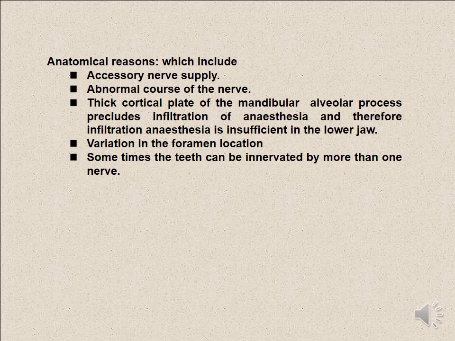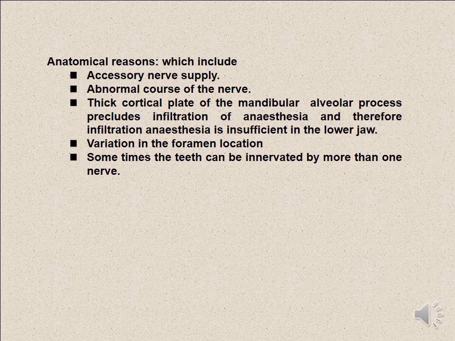The second anatomical reason is abnormal course of the nerve. If the nerve is higher or lower, or anterior or posterior to its normal location, it may not receive enough local anesthetic solution, leading to failure of local anesthesia.